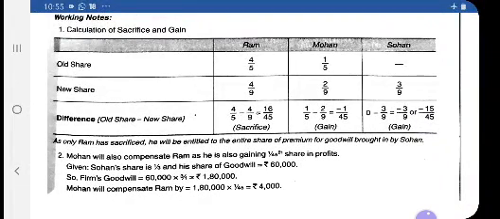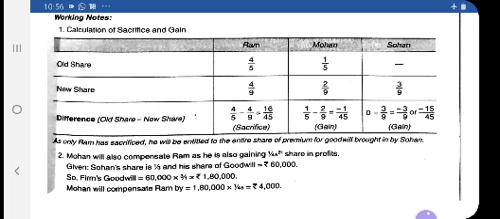On the basis of Sohan's share, what will be the total value of goodwill, by just taking the reciprocal of his share? He is coming on a 1/3 share of the profit. Then the value of goodwill on the basis of his share is 60,000 into 3/1. This is the way the total value of goodwill is to be determined. That is 1,80,000.